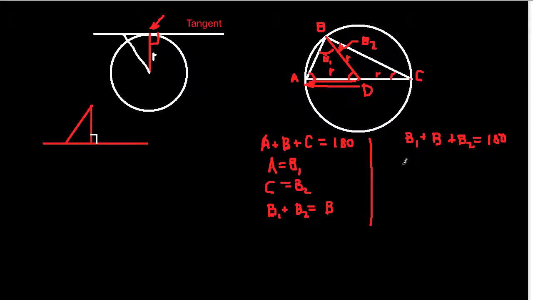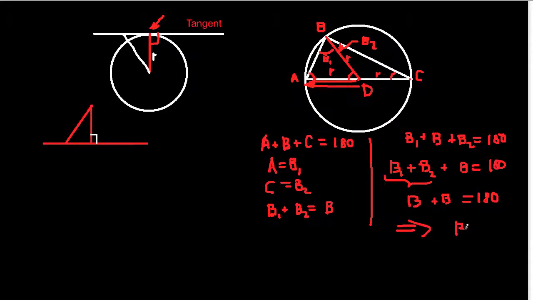Let me rearrange these so I can say that B1 plus B2 plus B is equal to 180. But B1 plus B2 is equal to B. So these two right here sum to give me B. And so I have B plus B equals 180. That's 2B equal to 180. Then it must be true that angle B is equal to 90 degrees.